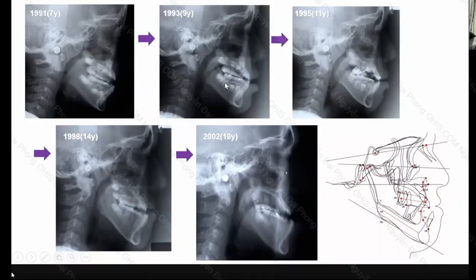The problem is, if you see occlusal plane, especially this 11 years old, the tooth number 7 or 8 is growing, and slowly eruption starts. Then this occlusal plane becomes more and more flat. Then finally, this kind of very severe skeletal class 3 open bite development.